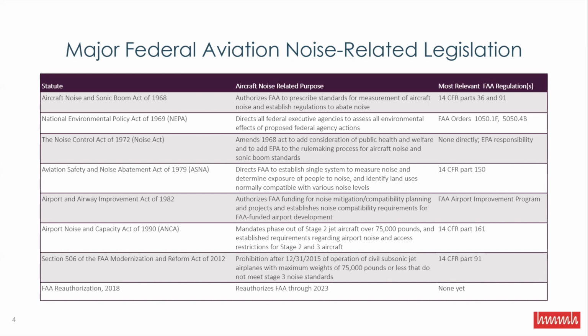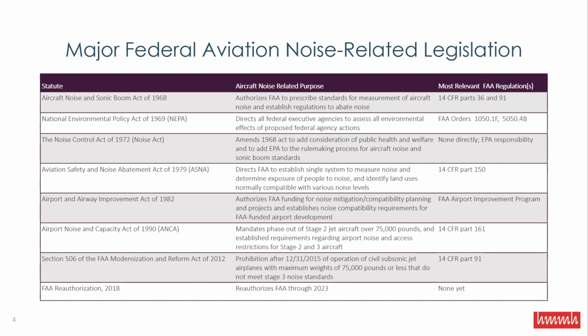But what also happened, and I think it really was a result of a lot of airports using Part 150 as the means to restrict access to the airport based on noise, is that part of ANCA was to establish requirements regarding airport noise and access restrictions for Stage 2 and beyond aircraft.